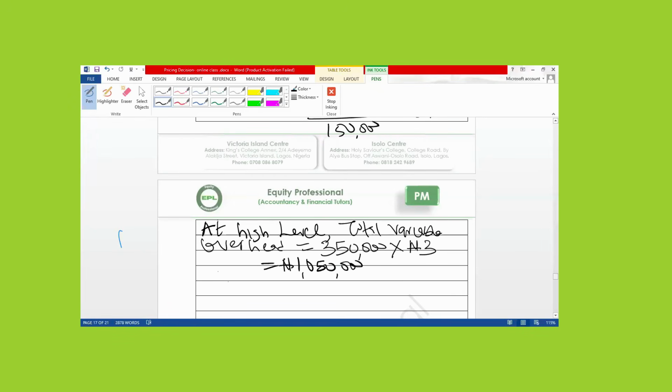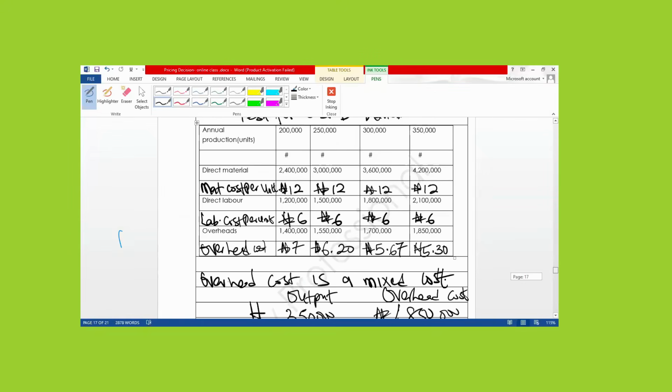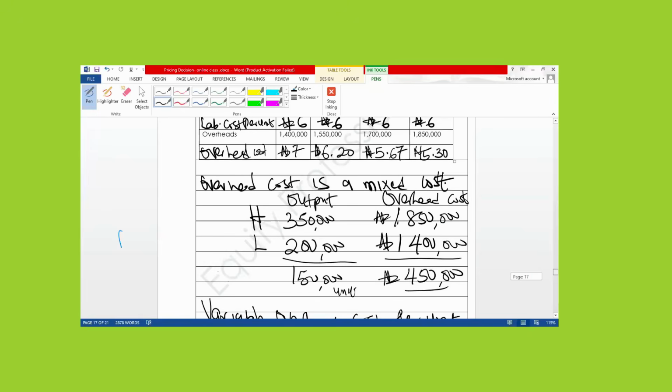Return here. Look at it. What you are saying is total overhead here is 1,850,000. Out of this 1,850,000, 1,050,000 is variable. What is fixed?